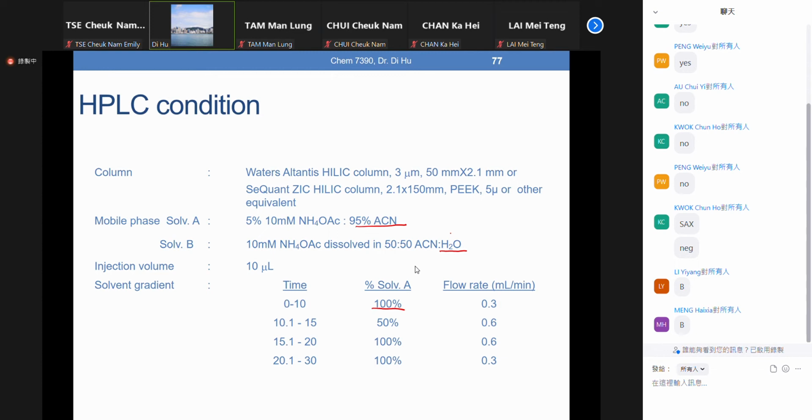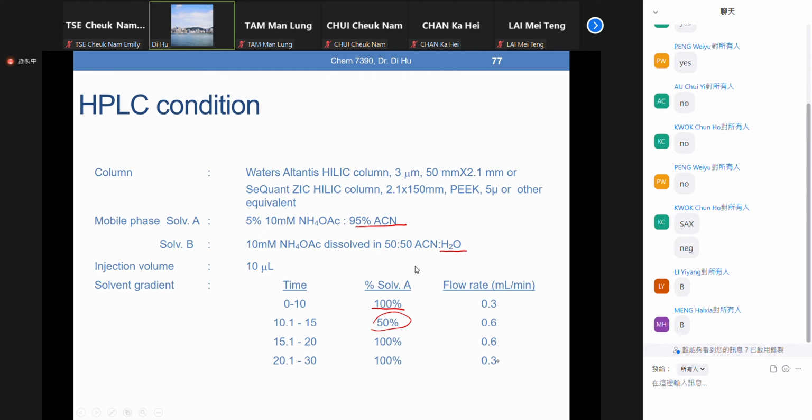That's why it begins with low polarity organic phase A, and then switches to 50% of solvent A, 50% of B, and then back to 100% of mobile phase A again. Because here is increased elution of those more polar compounds. Okay, and then the flow rate.